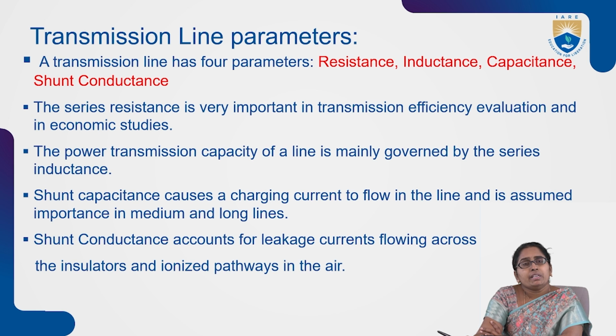Last point, the shunt conductance accounts for leakage currents flowing across the insulators. That is how the conductance is present in the transmission line. Mainly this accounts for leakage currents which flow through the insulators and also through ionized paths in the air.